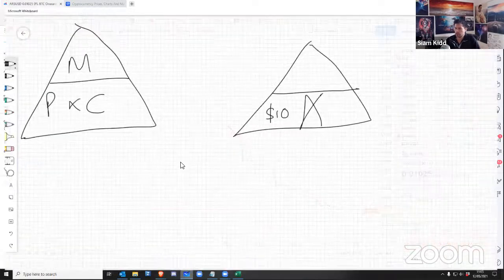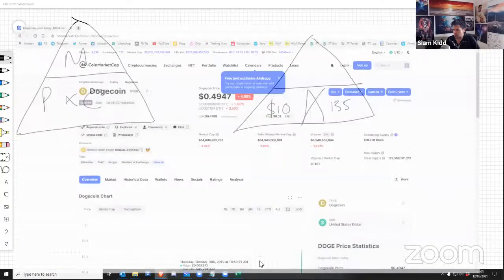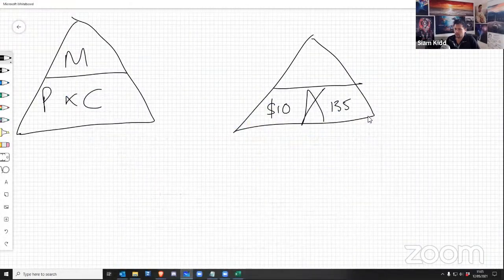So circulating supply, 135 billion. In fact, was that right? My memory is awful. Yeah, 135 billion. In order for this to happen, this will then show you what the market cap would need to be. So it will be 135 billion times 10.